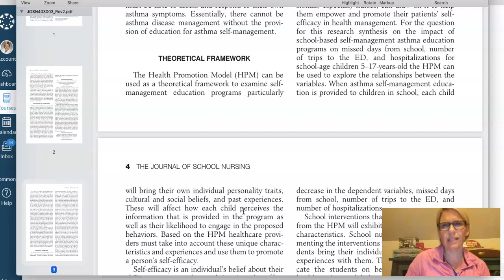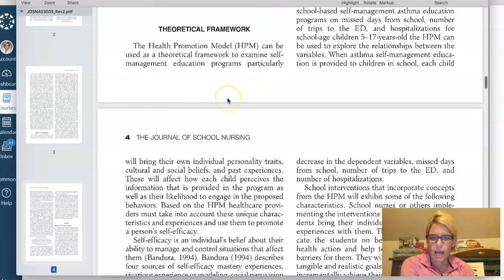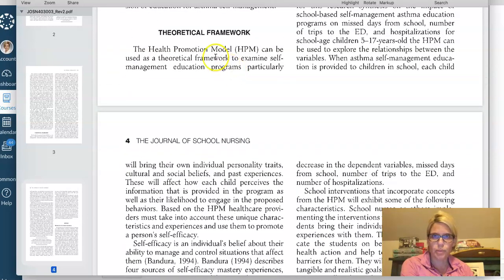So let's look at the one that the student chose to use here. She chose the health promotion model that I'm sure everybody's familiar with. I want to go through what she wrote, because she really wrote it exactly toward the rubric in terms of how to explain it.